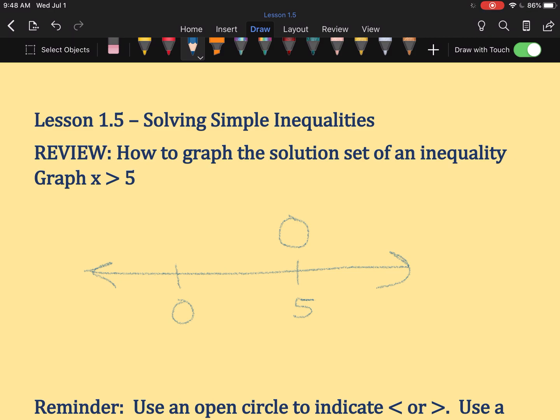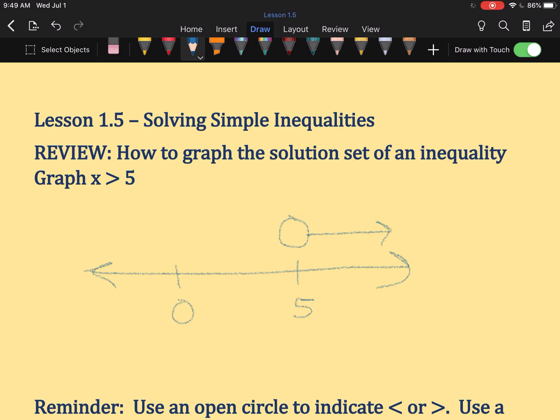So my question is, which direction are the numbers that are bigger than 5? And hopefully you would all say, to the right. So out of that circle, I put an arrow to the right. And that's how I graph x is greater than 5. We always put a circle above the number.